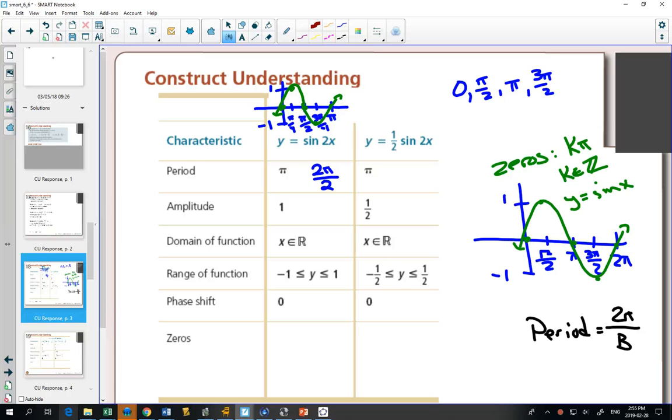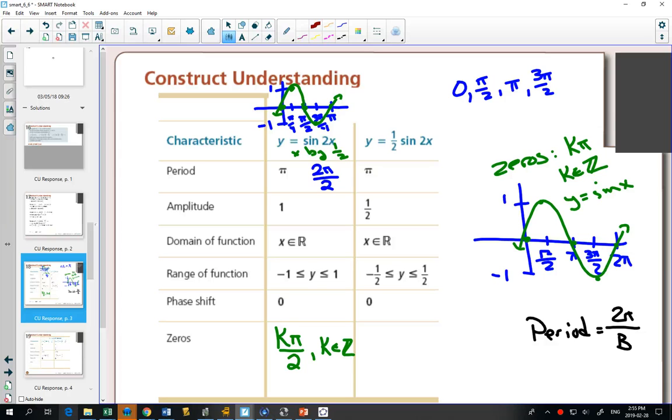Well, what's happened? All of our x values are multiplied by 1/2. The same thing's going to apply to your zeros. If you multiply all of your zeros by 1/2, we can write all of our zeros as k pi over 2, where k is an element of the integers.